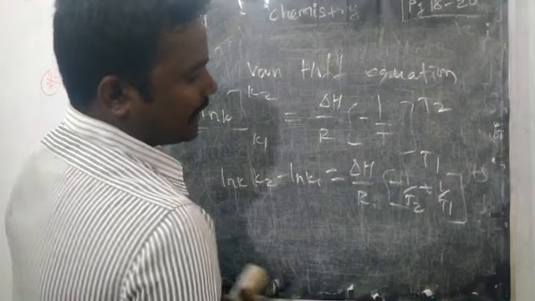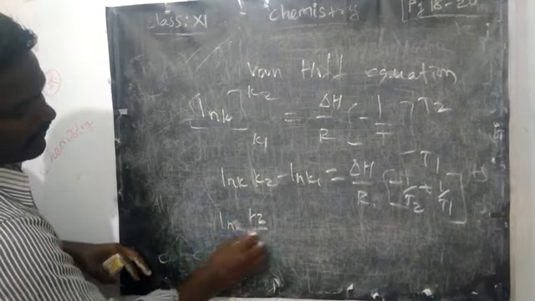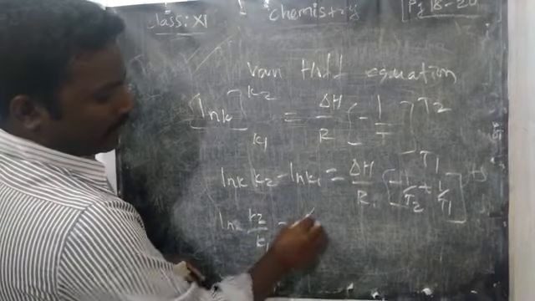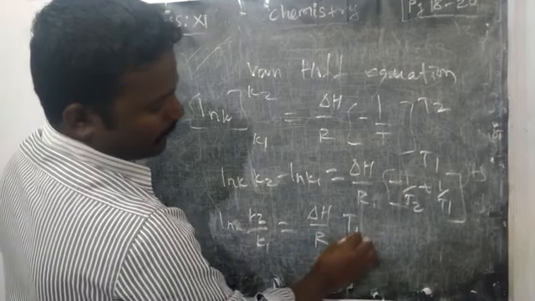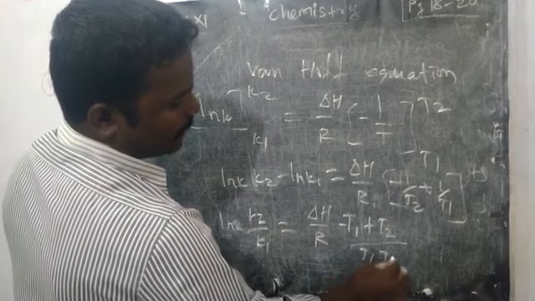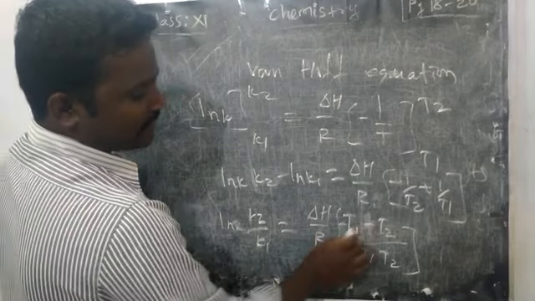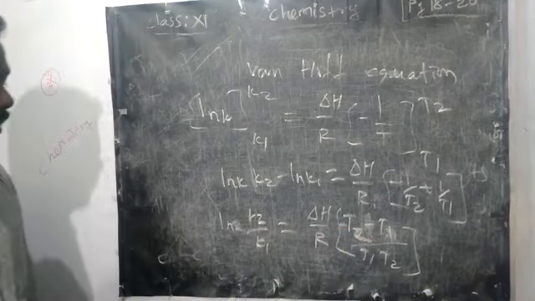So if you cross multiply, ln K2 divided by K1, because log A minus log B, delta H divided by R, T2 minus T1 divided by T1 T2. So always the minus term you can write next. So T2 minus T1. Okay.